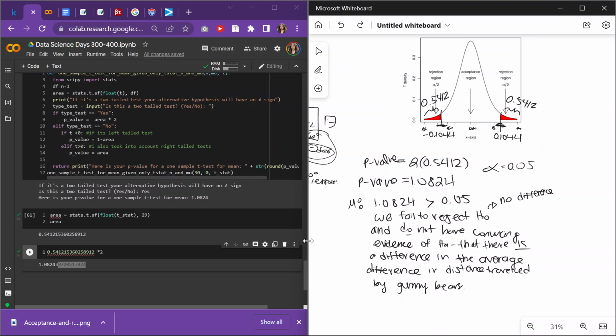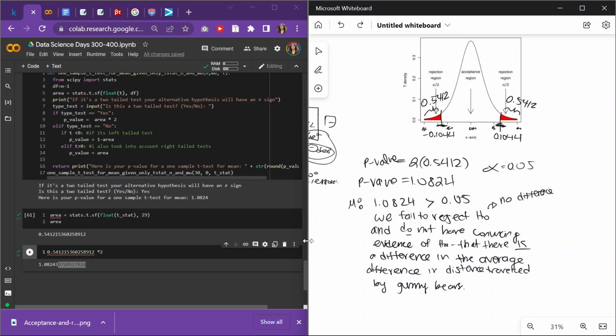So we take the probability of a value like that or more extreme happening.